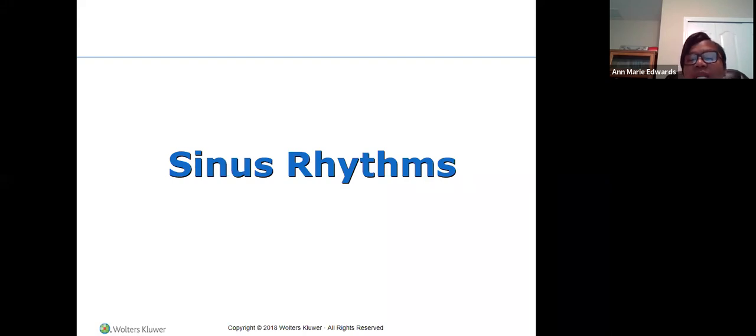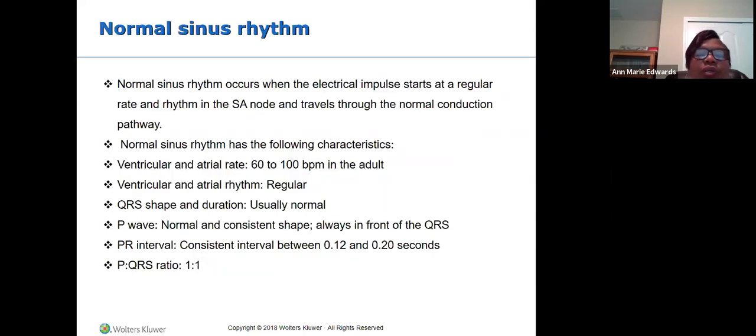And remember, we say sinus rhythm originates from our sinoatrial node, okay? So normal sinus rhythm occurs when the electrical impulse starts at a regular rate and rhythm in the sinoatrial node and travels through the normal conduction pathway.